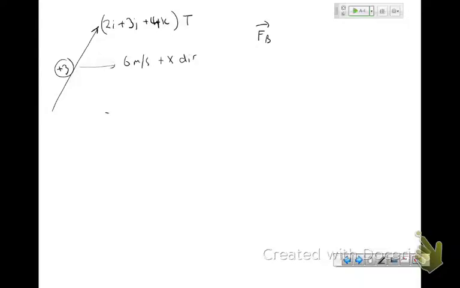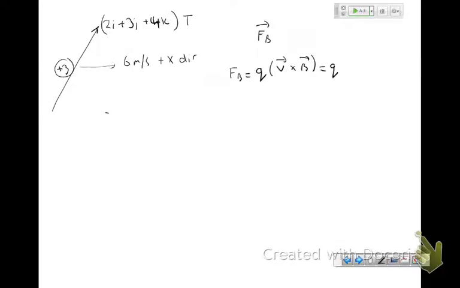What's the strategy? What am I going to do to find this? First thing I'm going to do is write down my equation. What's the governing principal equation? FB is equal to Q V cross B. Yeah? And we can expand that, can't we? So what would that be if I expanded it?